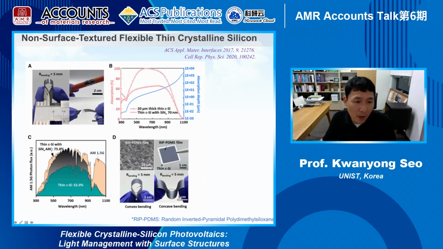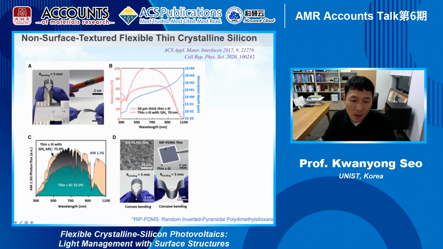For example, its bending radius is 5 millimeter. So in that case, we can wrap this silicon wafer on the surface of a pencil, and this is the solar cell itself. However, the surface reflection is still the issue of this solar cell. So in this case, we can apply a structured polymer sticker onto the silicon surface.